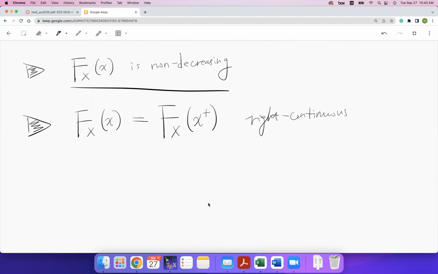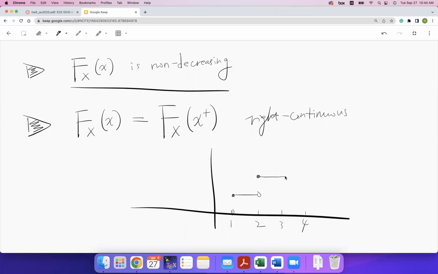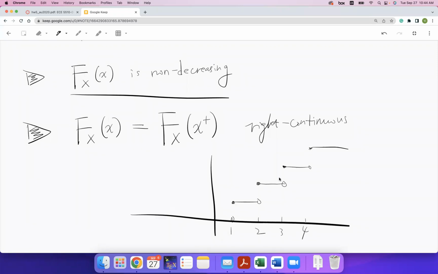In the previous example we talked about last time, when we roll a fair die, we have shown that the CDF function looks like this. It's a stage-wise increasing function, actually. So you can see that it satisfies all these conditions.